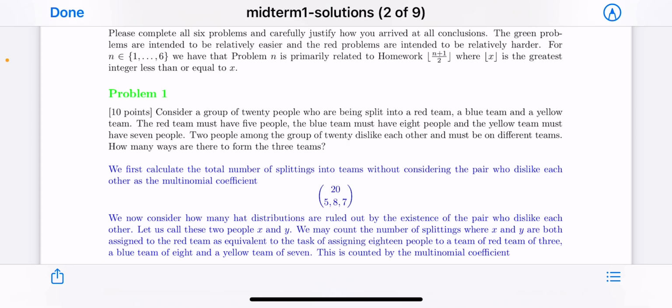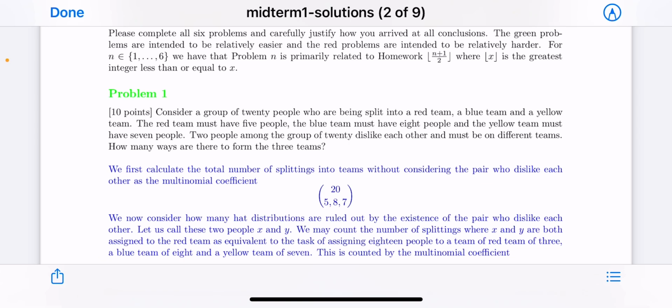First, the total without the exclusions: if we don't take into account the 2 people who don't like each other, we're just splitting 20 people into groups of 5, 8, and 7.